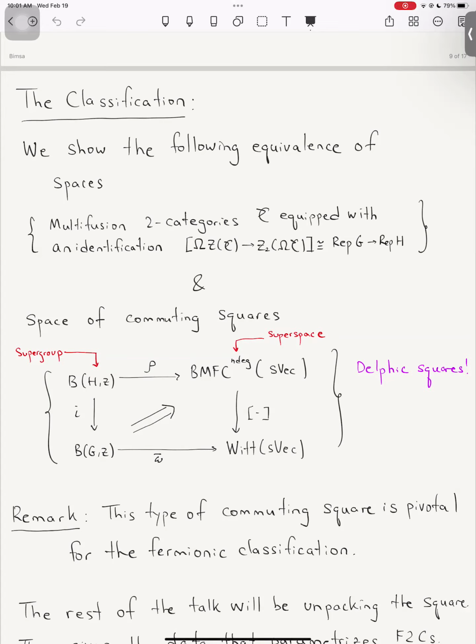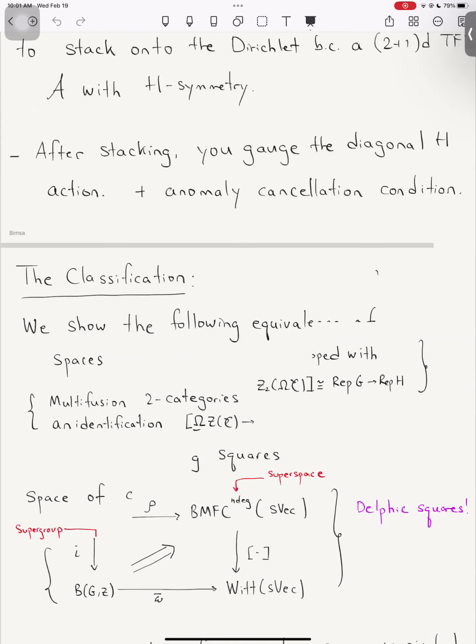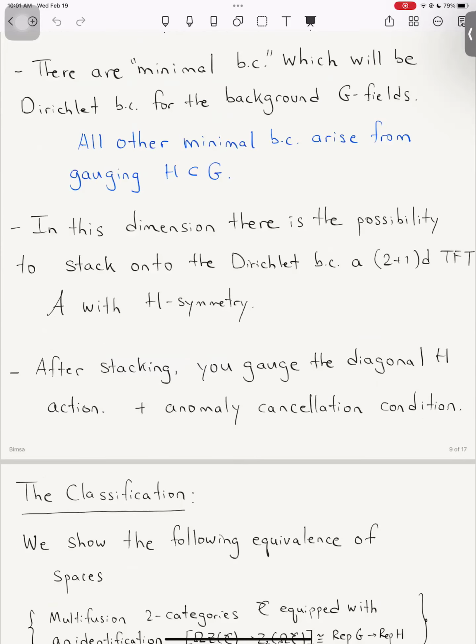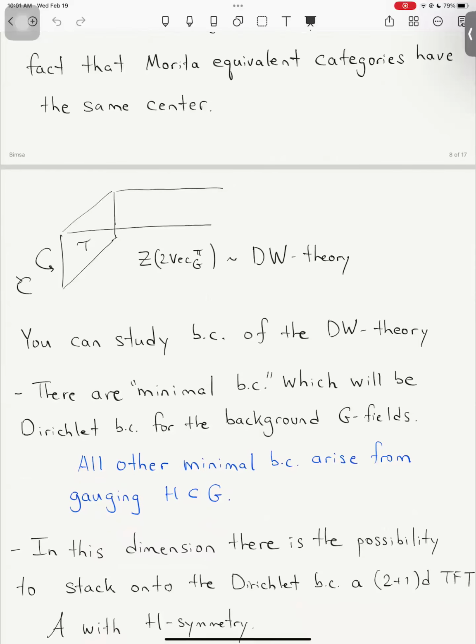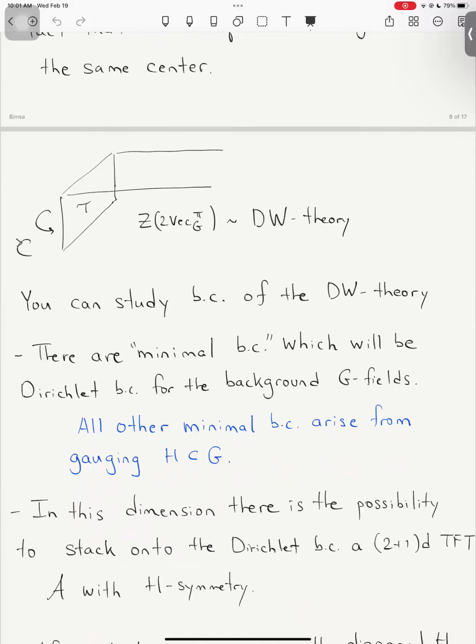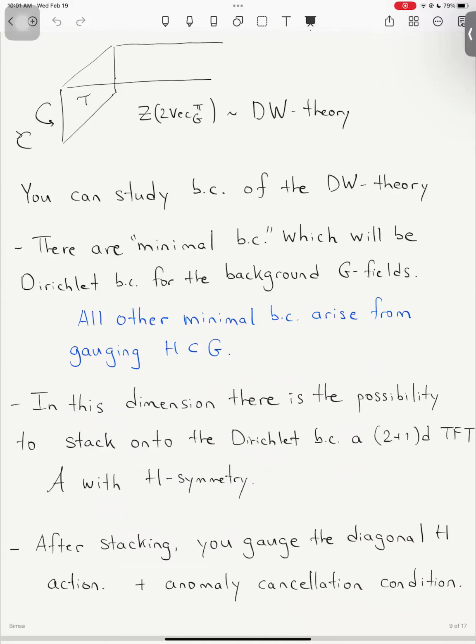Oh, one thing that I can think of, from the SymTFT picture, you're saying you want to gauge the higher dimensional Dijkgraaf-Witten theory to get the boundary condition, but can you get something non-semi-simple on the boundary, even though you have a semi-simple thing in the bulk? Yeah, so that's right.